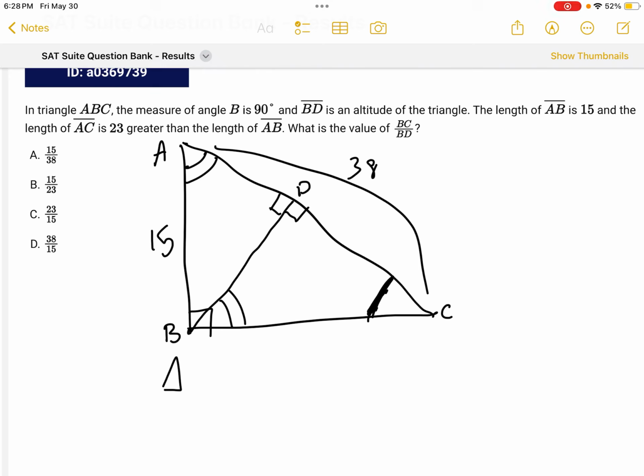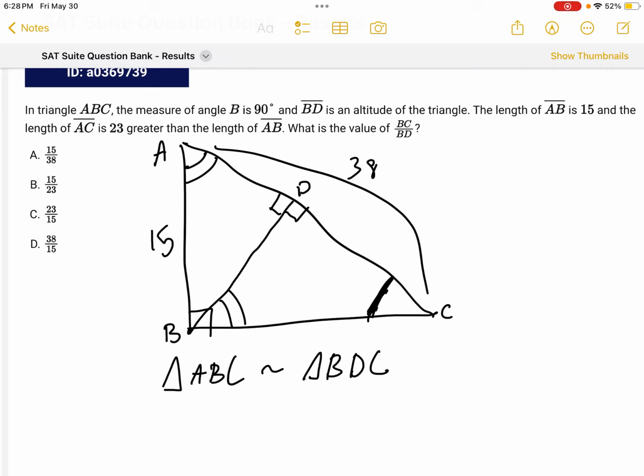Triangle ABC is similar to triangle BDC. The reason I'm showing you that these triangles are similar is to be able to use the trigonometric ratios related to sine C to find BC over BD.